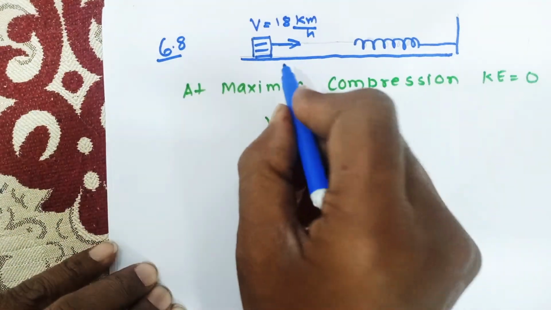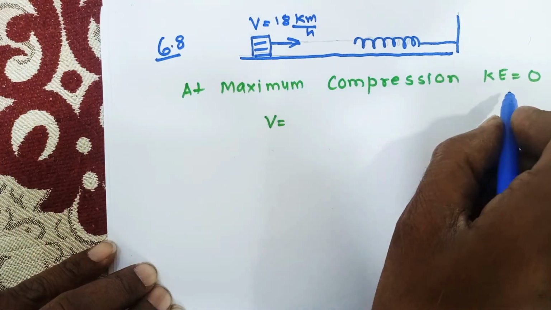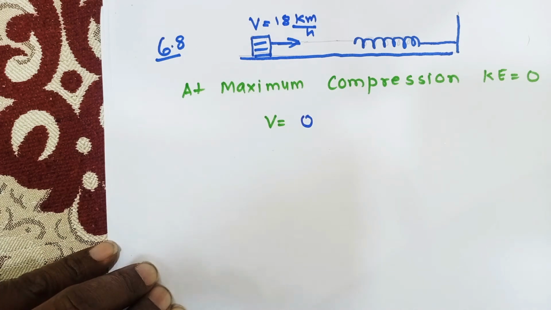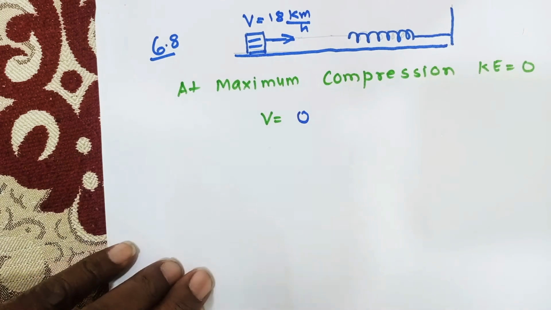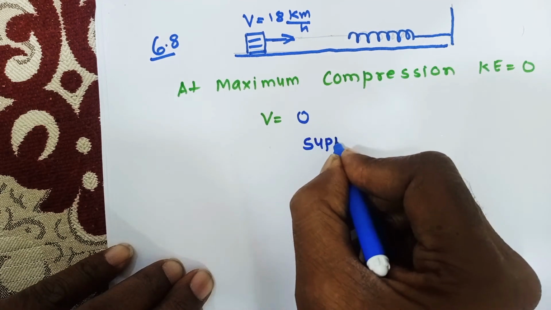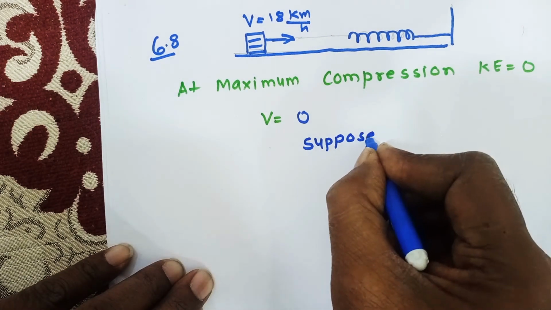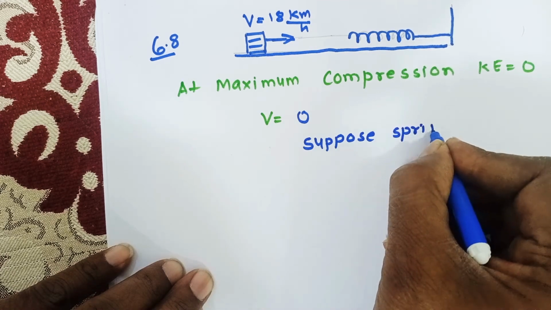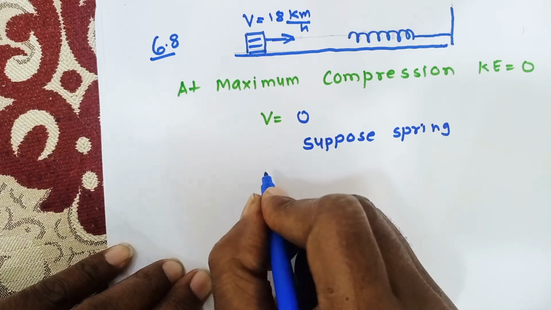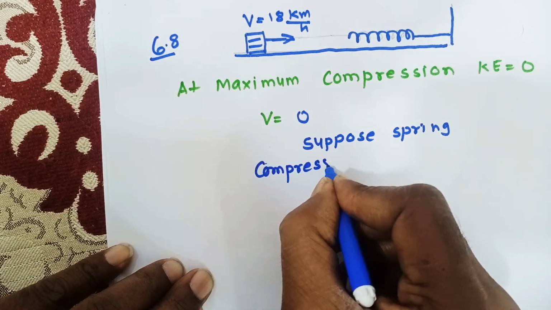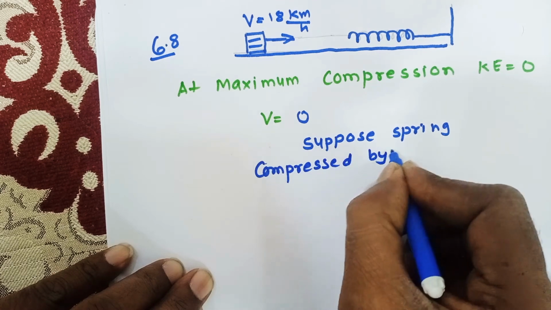When the car strikes here, the final kinetic energy will be zero because the velocity is zero. But the spring gets compressed. Suppose the spring is compressed by x.